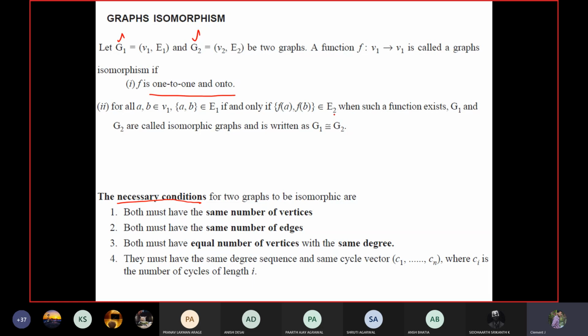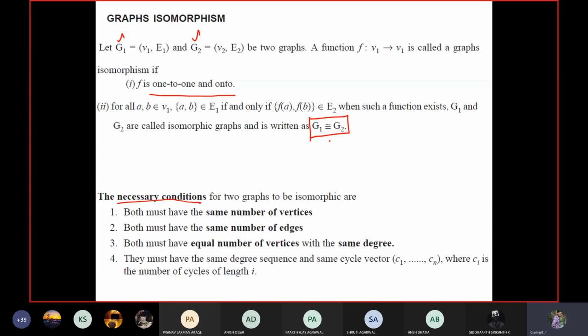Usually isomorphic graphs are denoted by the notation G1 isomorphic to G2. Sometimes they can directly ask you to check whether G1 isomorphic symbol G2, so you should not get a doubt about what the symbol says. You have to keep it in your mind.